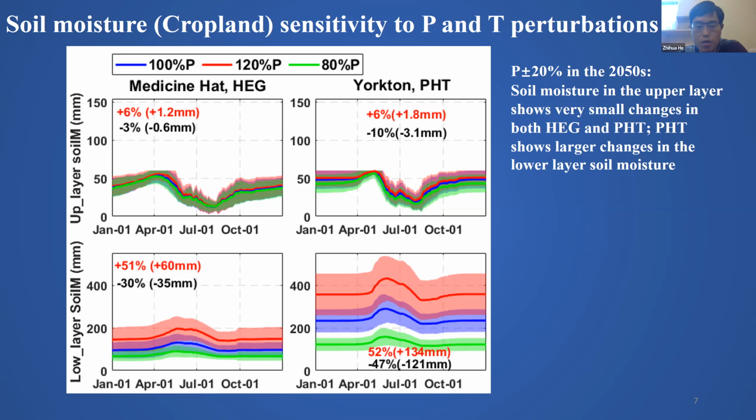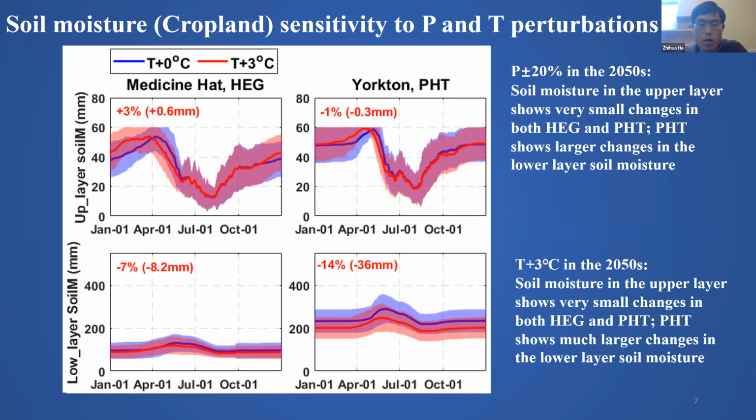The percentage change can be around 50% in response to 20% in precipitation. And the same situation happened in the response to temperature warming. So we can see very small changes in the upper layer soil moisture, but much larger soil moisture changes in the PhD class compared to the HEG class.